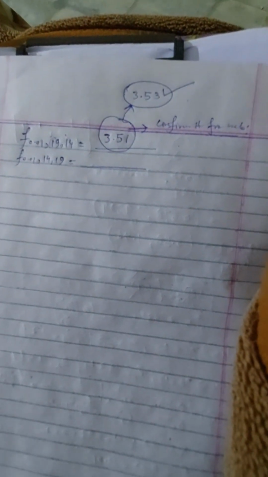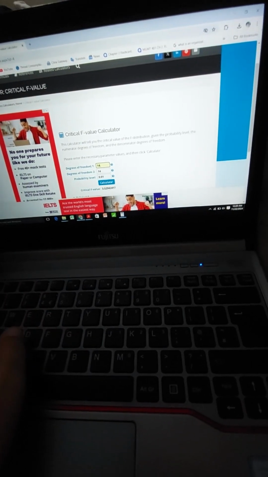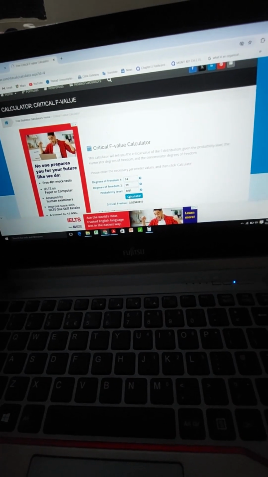And we will be using the same resource. Let's switch the degrees of freedom. Now the numerator is 14 and the denominator is 19, and let's calculate what it gives us.